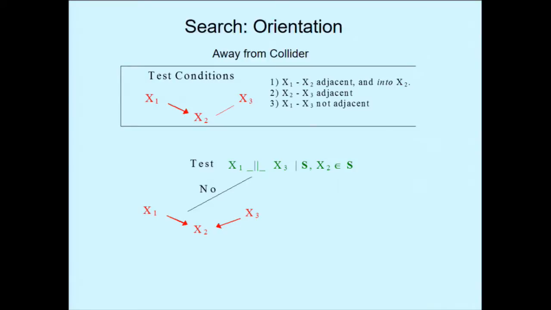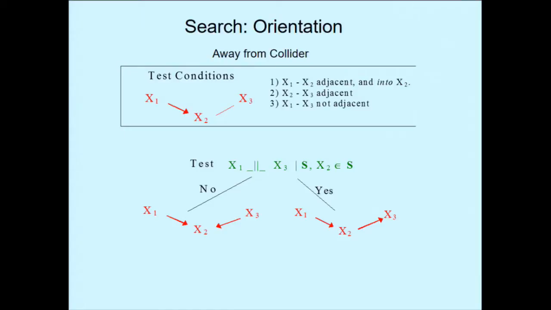Now you look at this and say, gee, if x2 is in the set, then it would have to be a non-collider. If it's not in the set, it has to be a collider, so we can orient it that way. But if it's in the set, which means it's a non-collider, then we can orient it fully.